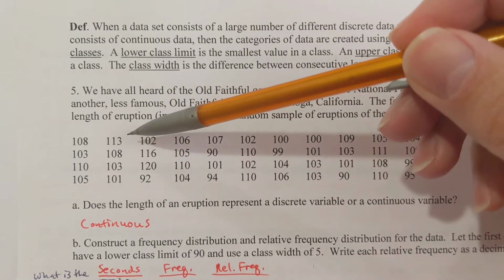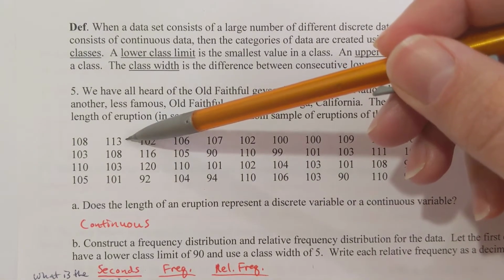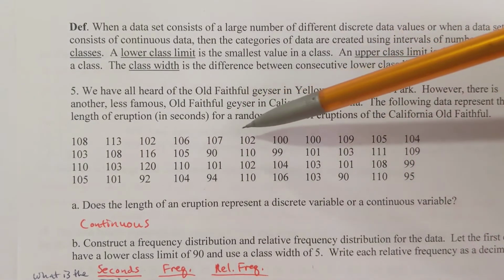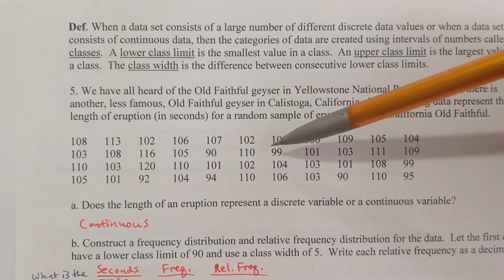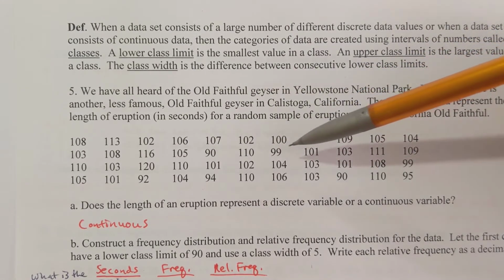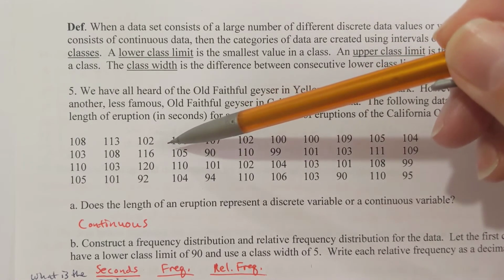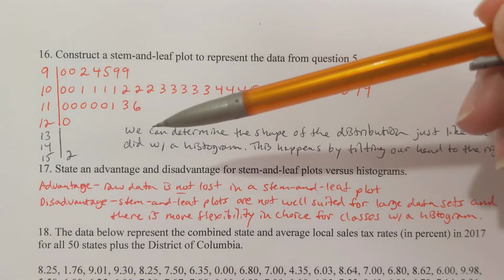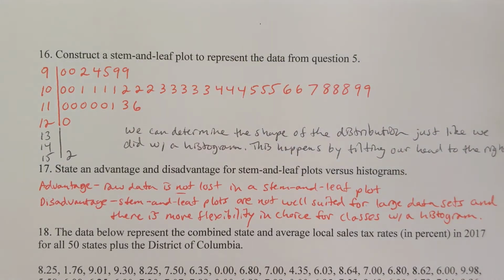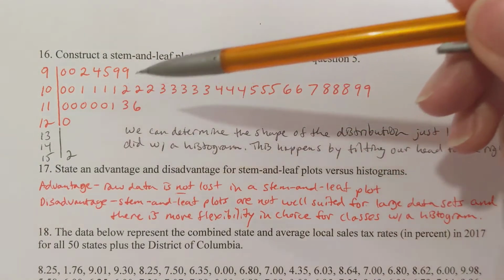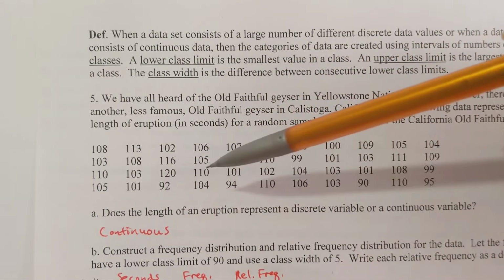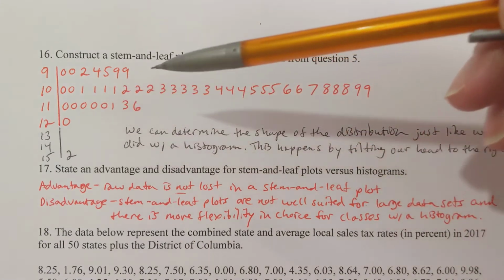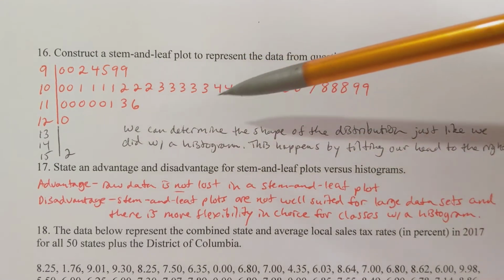There's a 113 and a 116. The biggest number that we had was 120, and so I'd write a 0 there. And my stem and leaf plot is done.